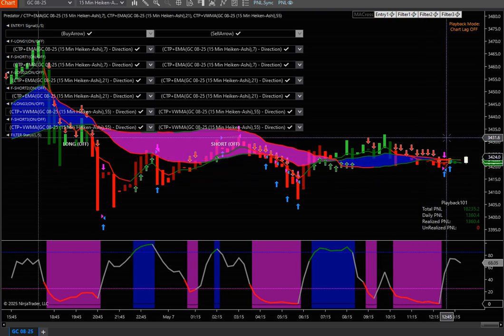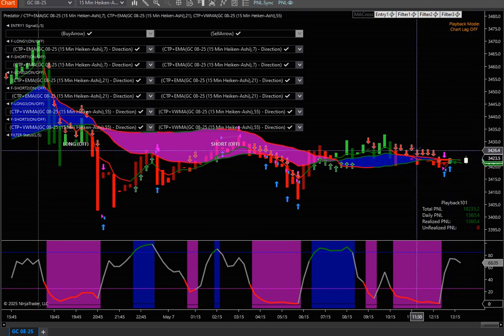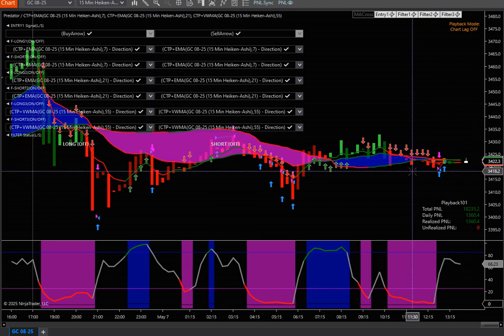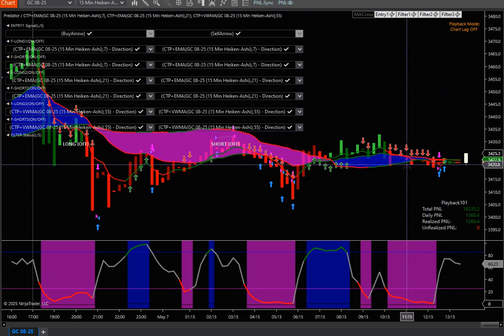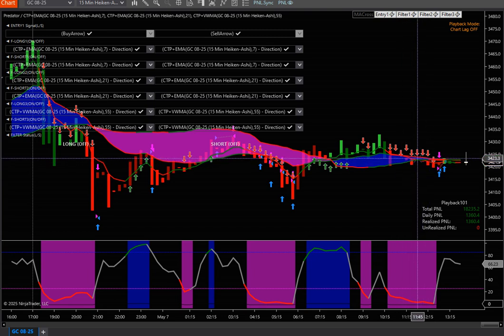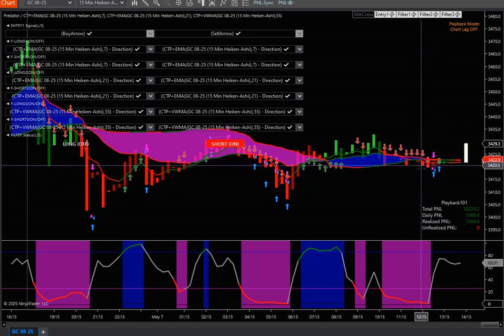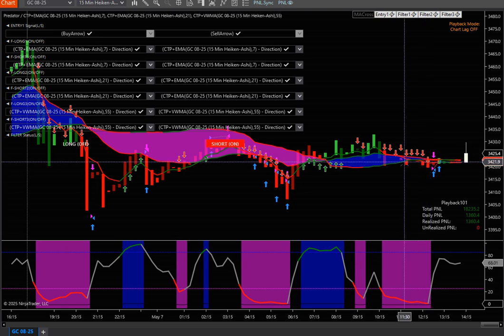In this situation right here, I'm going to go ahead and modify the indicator. I believe I've already mentioned it: you don't want to trade when the moving averages are so close to each other. You don't want to take a trade here because you can have losses.